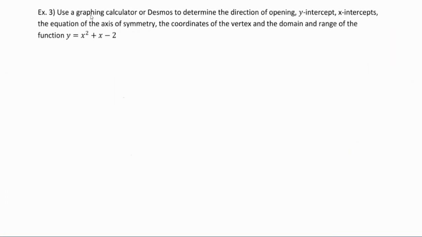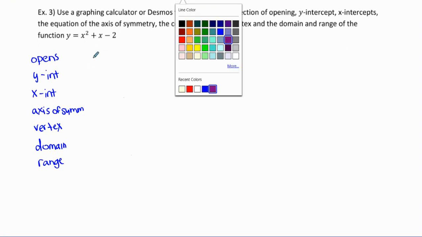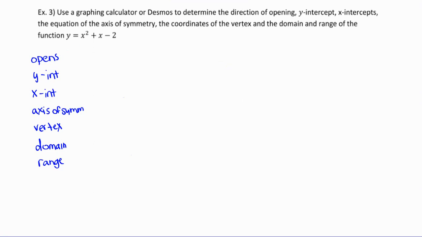Back over here. There are some things that we can figure out without even putting this into a graphing calculator. These are the things that we need to find: the direction it opens, y-intercept, x-intercepts, axis of symmetry equation, vertex, domain, and range. Some things we can already just put in. We know this is going to open either up or down based on whatever that a value is.